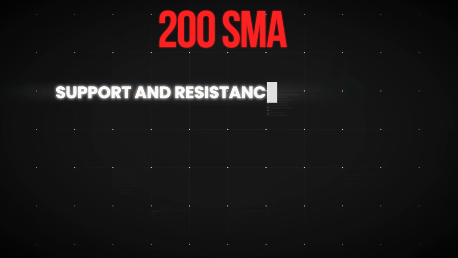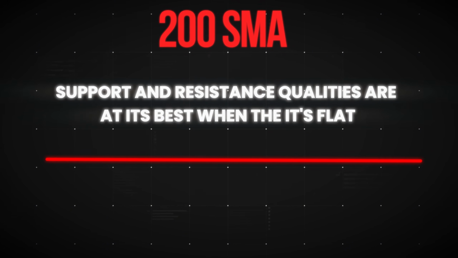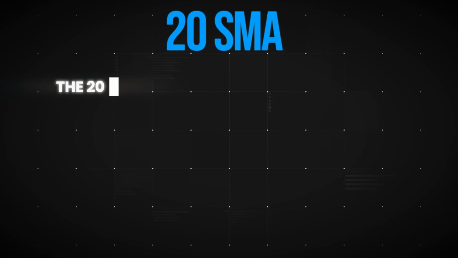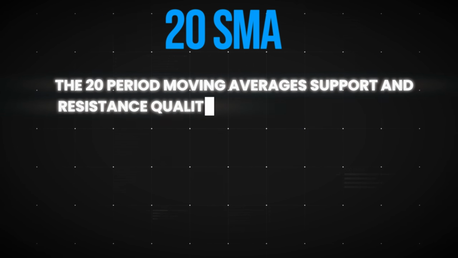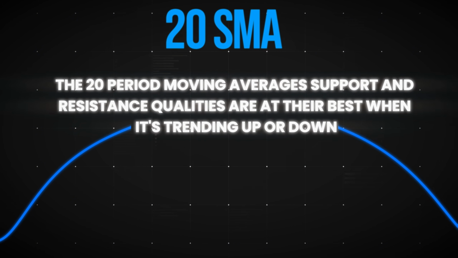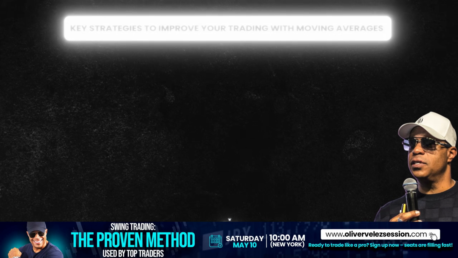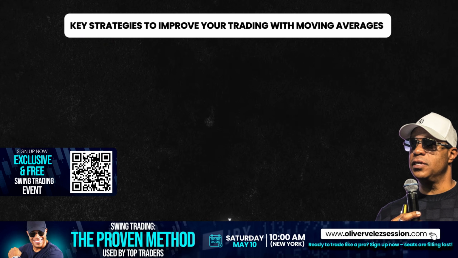So the 200's support and resistance qualities are at its best when it's flat, and the 20 period moving average's support and resistance qualities are at their best when it's trending up or down. This is what sets up sound market play, traders.